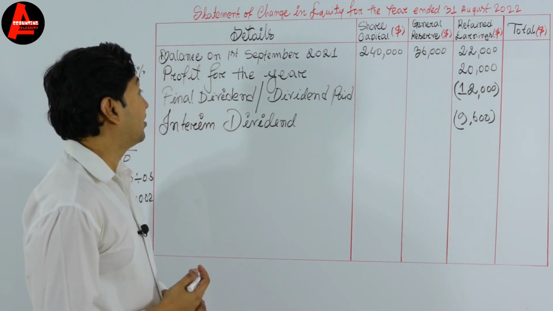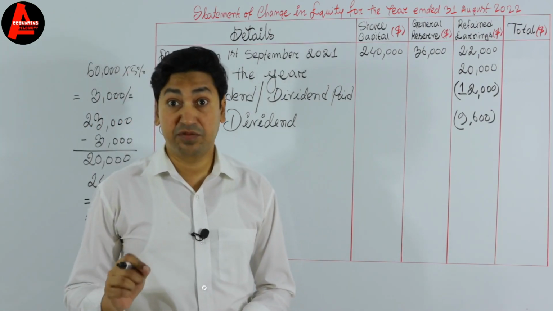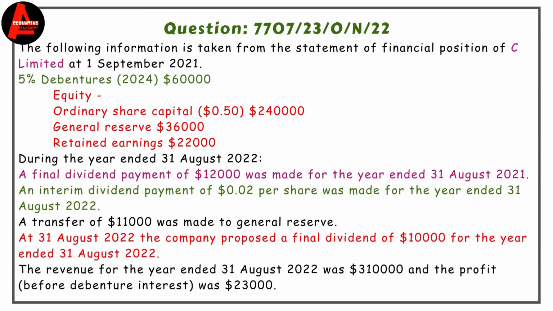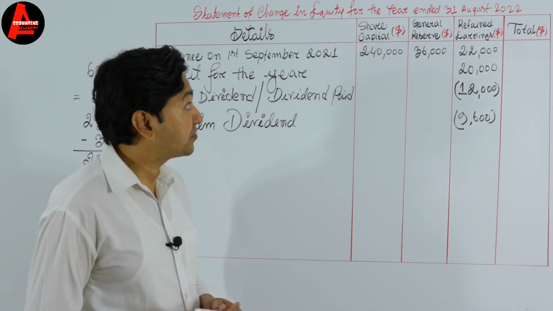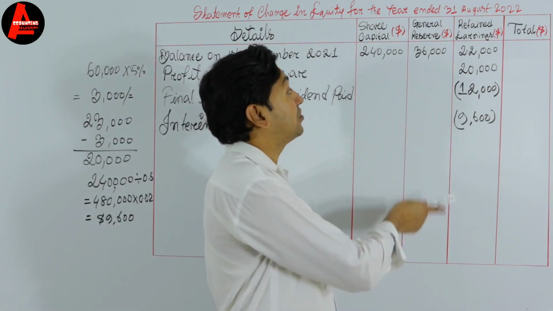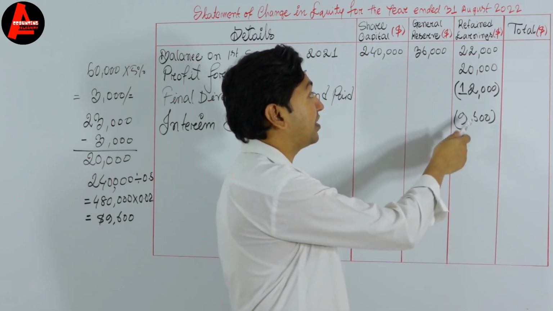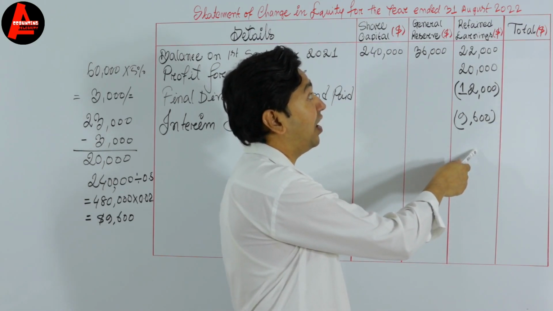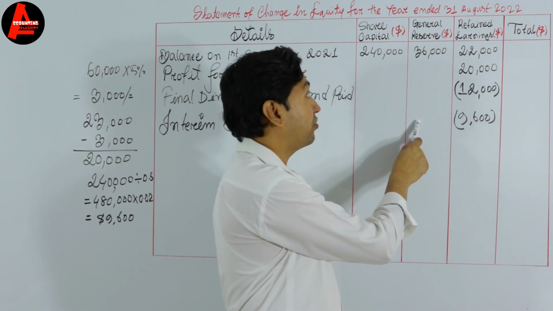Okay, good. So now we have one more adjustment, which is general reserve related. What is written there? We have here a transfer of $11,000 was made to general reserve. So here $11,000 was transferred from the retained earnings to the general reserve. So we'll minus from this column here, and we will add with this balance here general reserve.